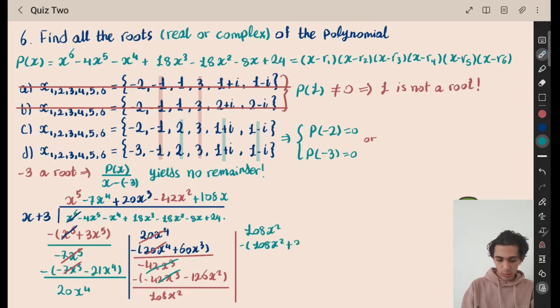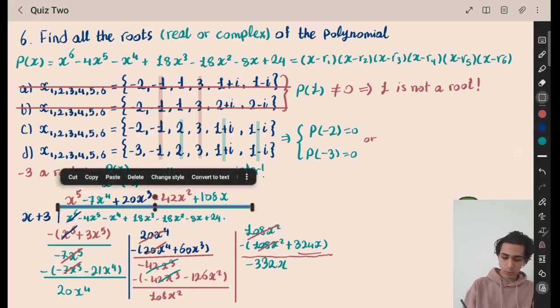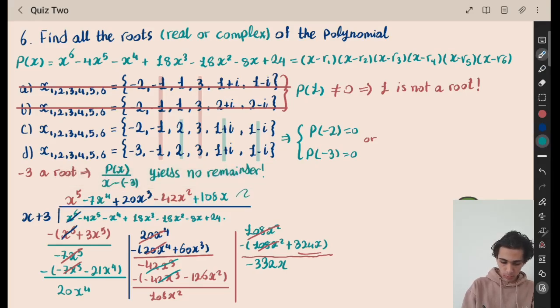And then 324x. So these cancel out. Here we have negative 324, and here we have negative 8, so that's going to be negative 332x. Then you divide this by x, you get 332. Minus 332.